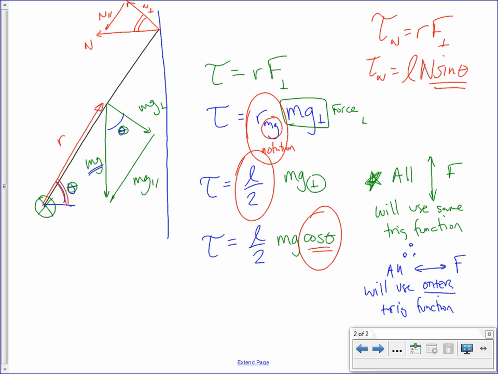Undo. So let's see. Here, okay. So here's angle theta, here's angle theta. That's opposite interior stuff, right? This is a right angle. Oh yeah, so here's another opposite interior. So there is the angle theta. And N perpendicular, like we said, check it out. N perpendicular is opposite that angle. Okay, hence we use sine over here.